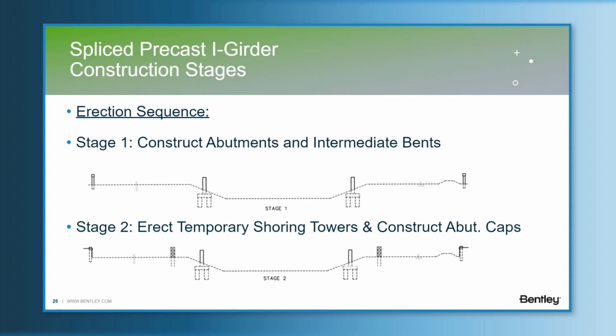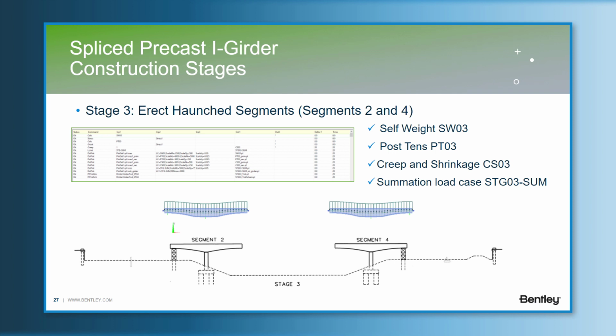Here we are studying just one precast girder, and for simplification, we are going to start the construction stages at the next stage. So erect the on-site segments 2 and 4. At this stage, the girder has a similar cantilever behavior.